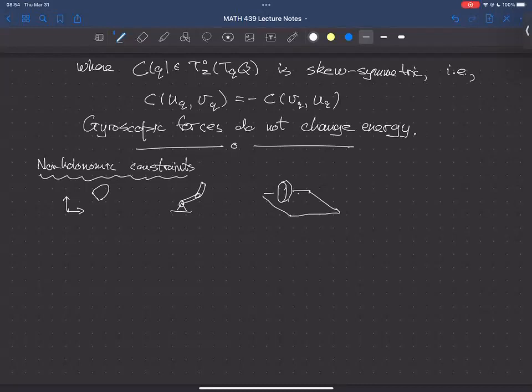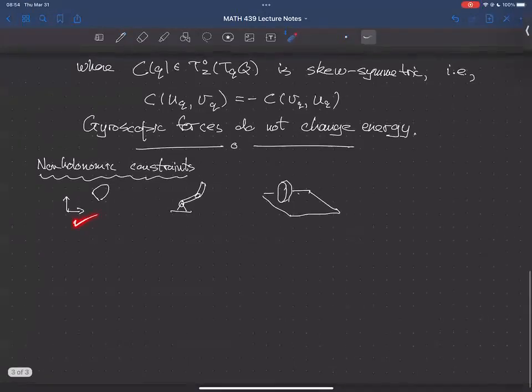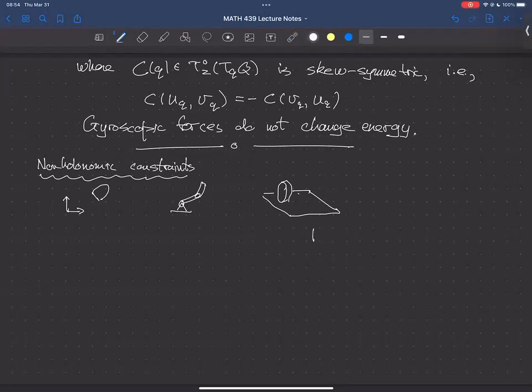We carried on talking about these, and last time, for this one, we completely wrote down the equations of motion. I didn't want to calculate Christoffel symbols and everything for this one, but in principle we have the equations of motion for that. But we stopped talking about this at some point, and the reason is that that system's different than the other two. And the reason that it's different is that this has a no slip constraint.